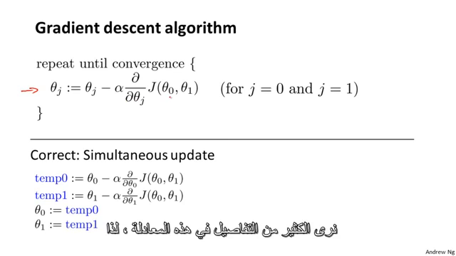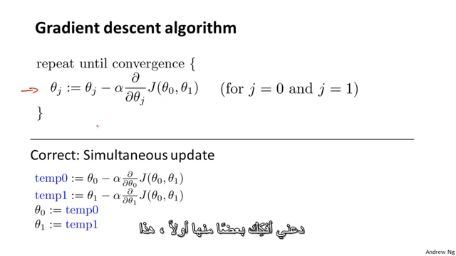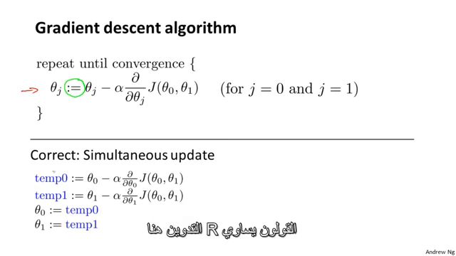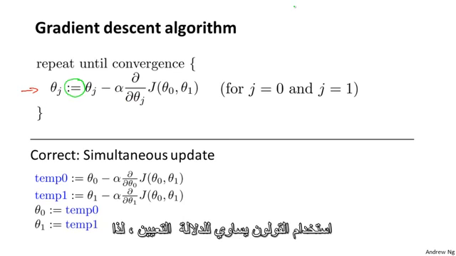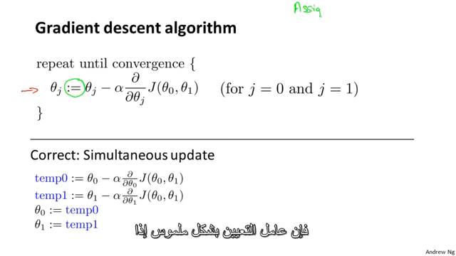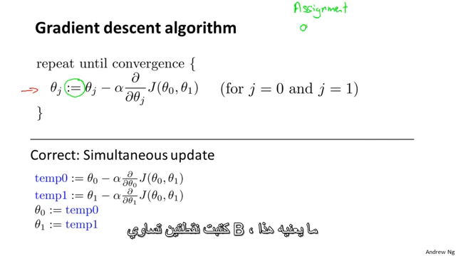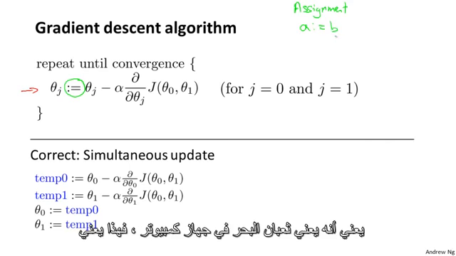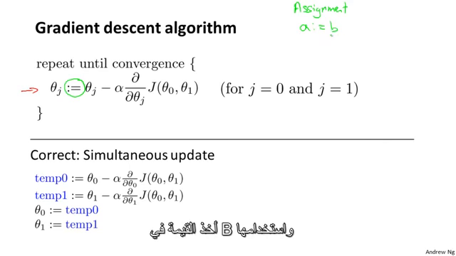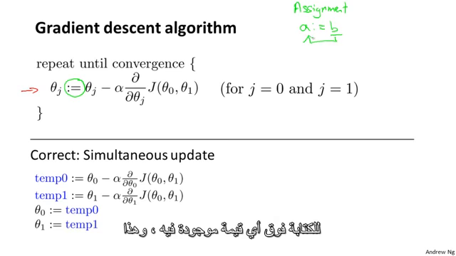There are a lot of details in this equation, so let me unpack some of it. First, this notation here, colon equals, I'm going to use colon equals to denote assignment, so the assignment operator. So concretely, if I write a := b, in a computer, this means take the value in b and use it to overwrite whatever value is in a.